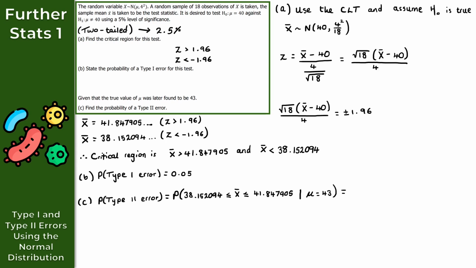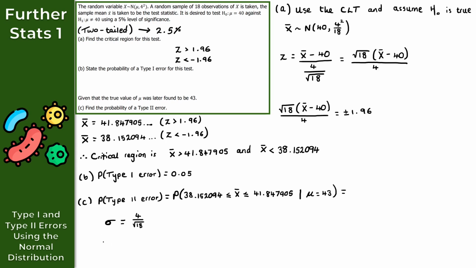And then if I give my answer to a sensible degree of accuracy, let's say 3 significant figures, let me write down everything. Lower is this value, upper is this value. Standard deviation sigma is 4 over the square root of 18.